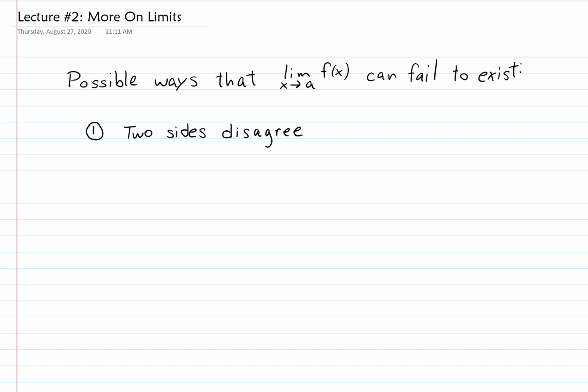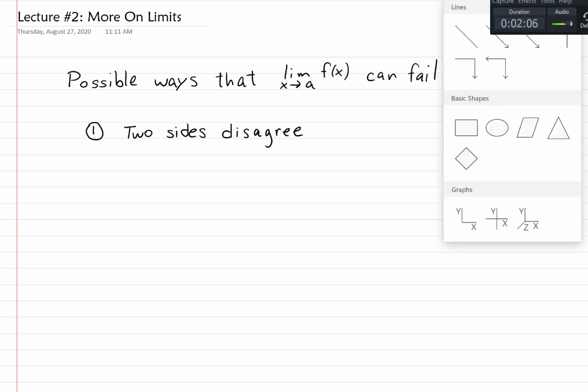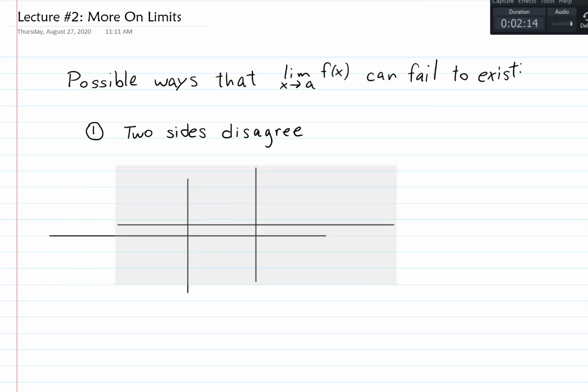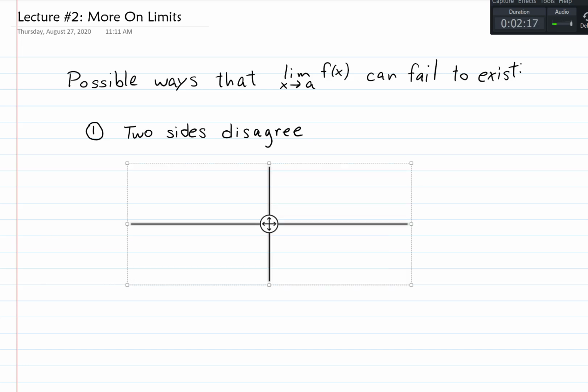Let me show you what I mean by that. I'm going to show you a function. I'm not sure if you've heard of this function before. This is called the Signum function. I'll write it down over here for you. We abbreviate it by SGN. SGN of x, and here's what it equals.